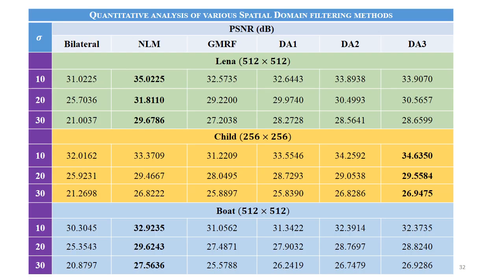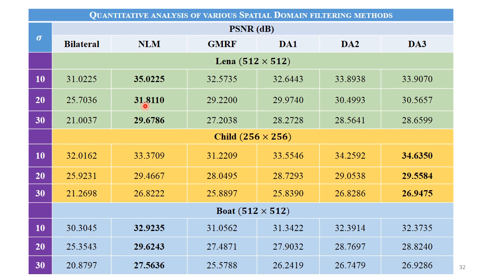Then a tabulation is going to provide the results related to the various methods we have gone through, in terms of PSNR. In the three representations, that is Lena, child as well as the boat, we can observe that in the Lena and the boat, non-local means plays a very important role, in the bold representation.